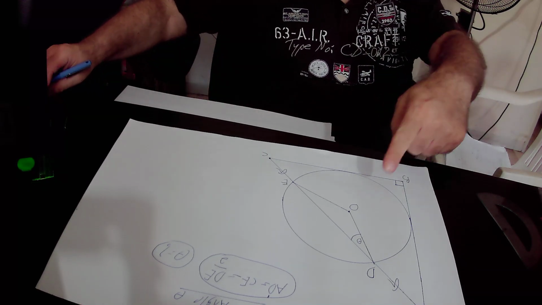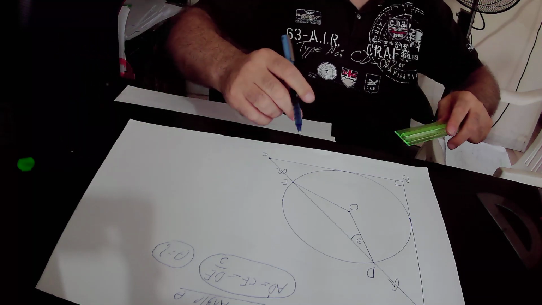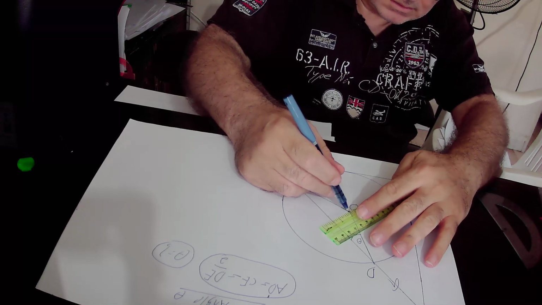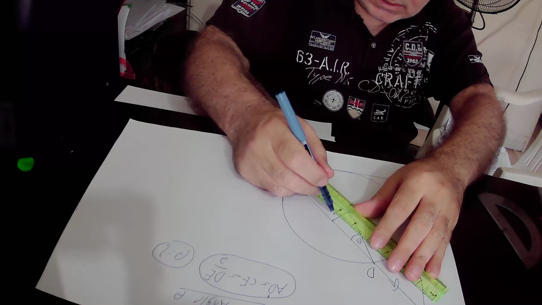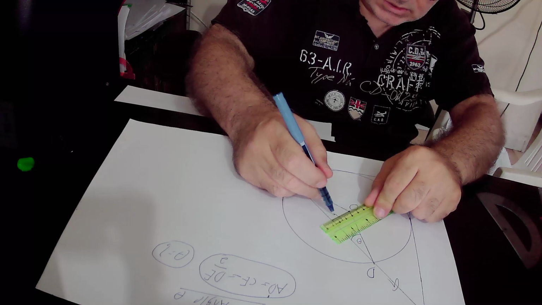So you can implement rule number 4 in our drawing, because here if we draw from the center of this circle, that is from point O, a perpendicular on chord DE, this angle equals 90 degrees, and this angle also equals 90 degrees according to our construction.